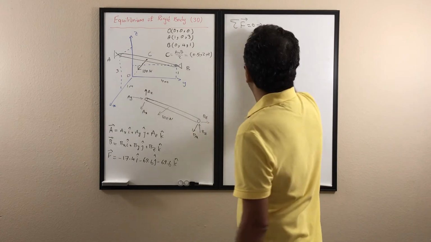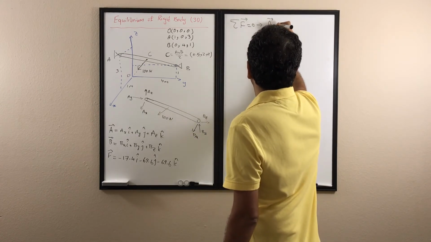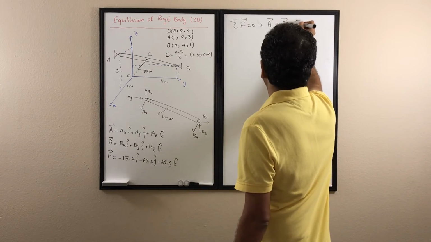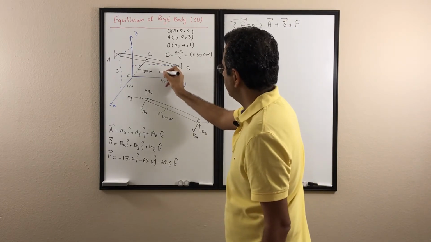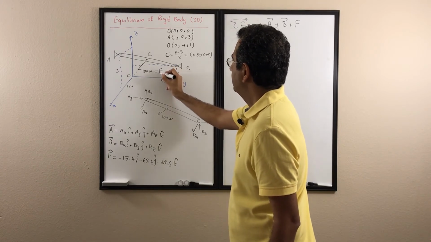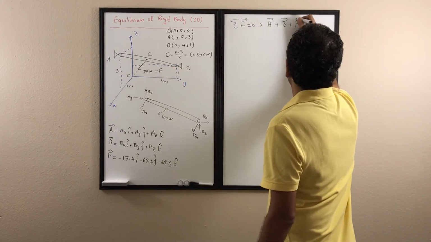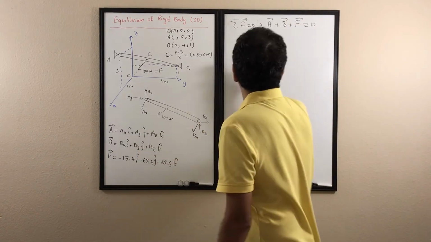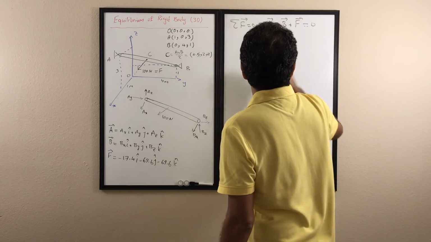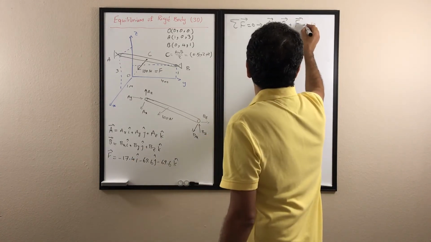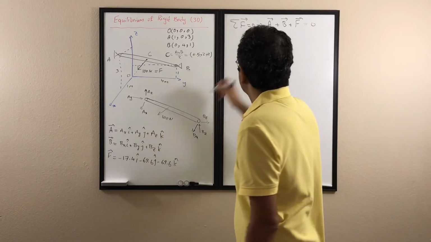So here what I have means that A plus B plus F should be 0. If you add them as vectors, this should be 0. So we have them here.